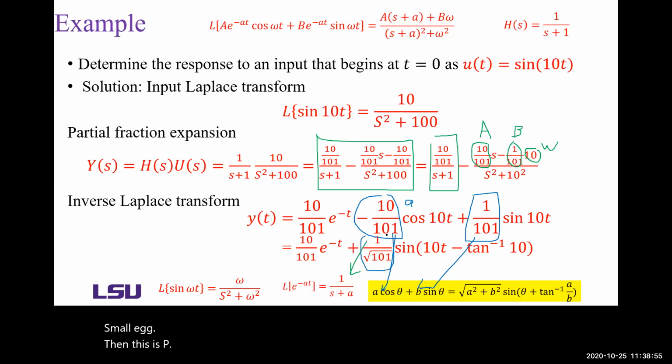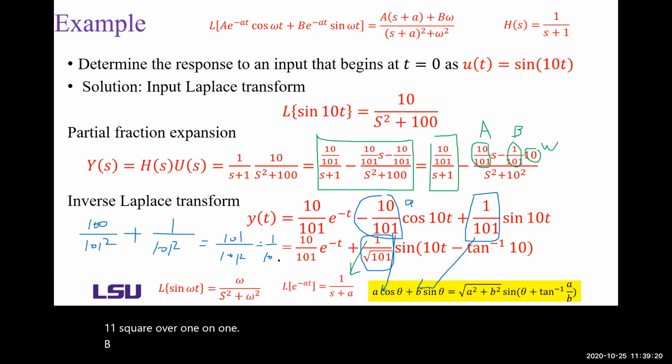This term will be the square root of a squared plus b squared, so 10 over 101 squared plus 1 over 101 squared, which is 101 over 101 squared, so 1 over 101.